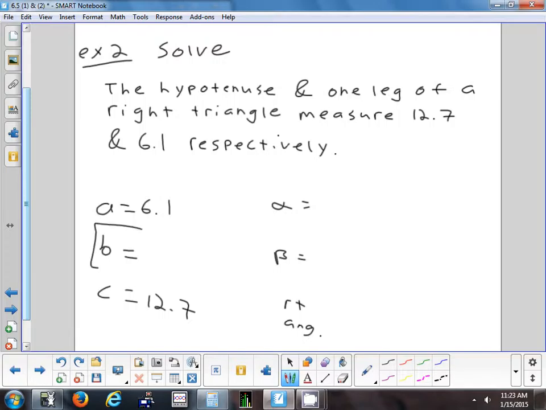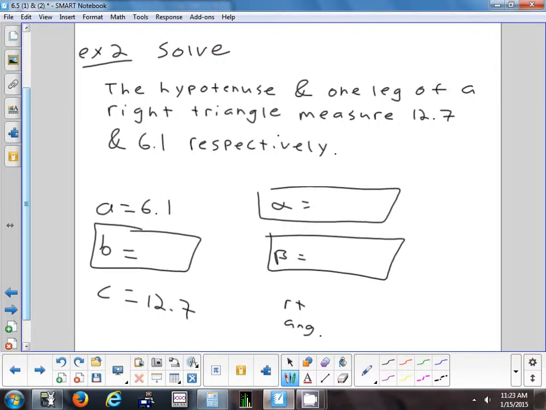So we're going to find B, alpha, and beta. What can't we do right away that we were able to do in the last two problems? I have to start this problem differently.